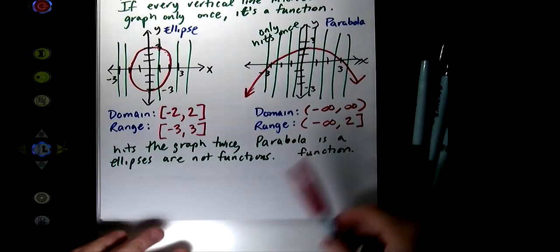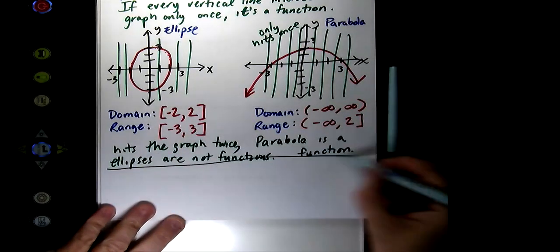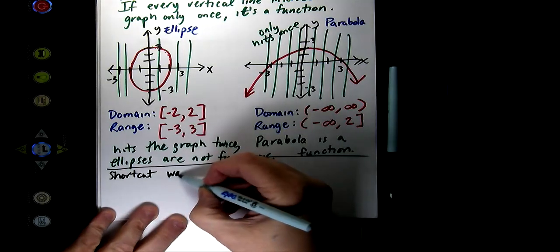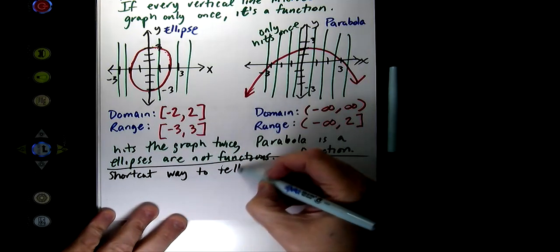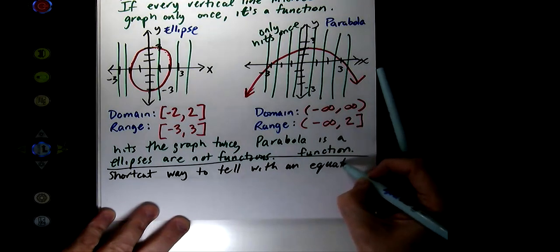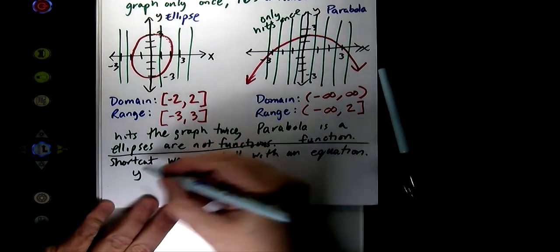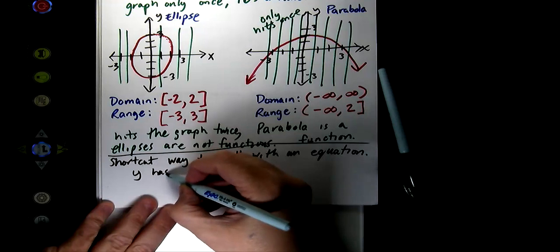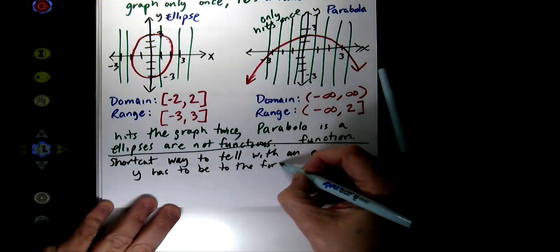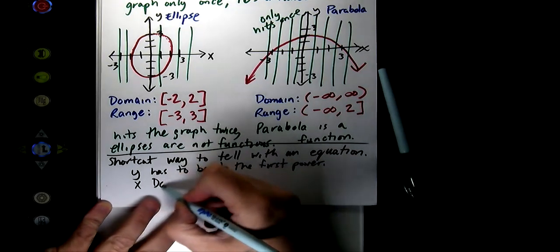Generally, there's a shortcut way to tell if you have an equation. Y has to be the first power. X does not.